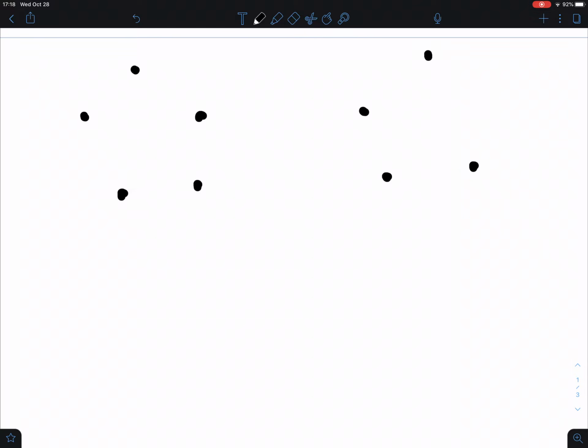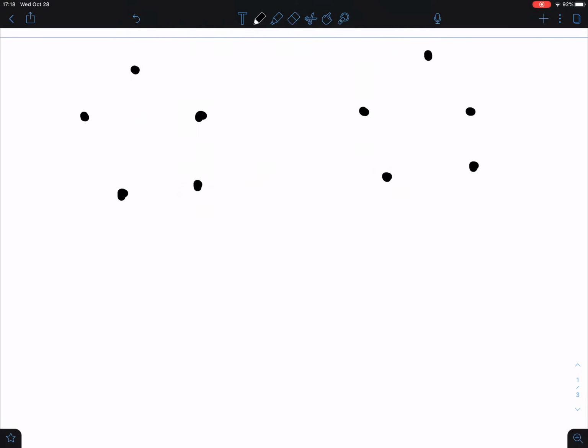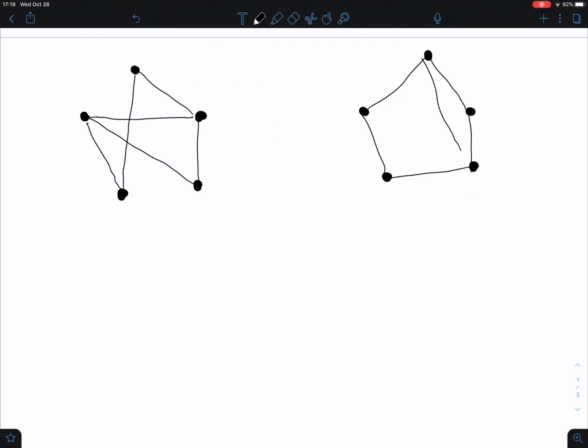And so the edges are: an edge this way, an edge this way, an edge this way, an edge this way, an edge this way, an edge this way. I think that is it. I'll check it later. I'm taking this from the textbook if you want to double check it yourself also. And then this goes across like that.